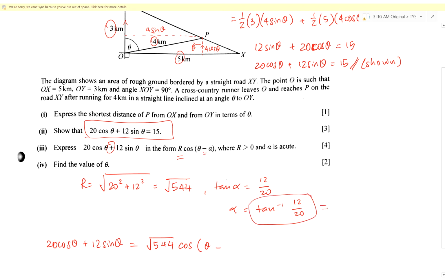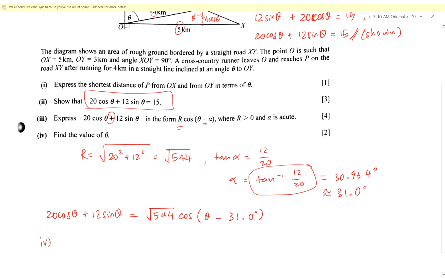So from our calculator, we get 30.964 degrees. So we round this off to 31 degrees. So that's done. 4 marks.